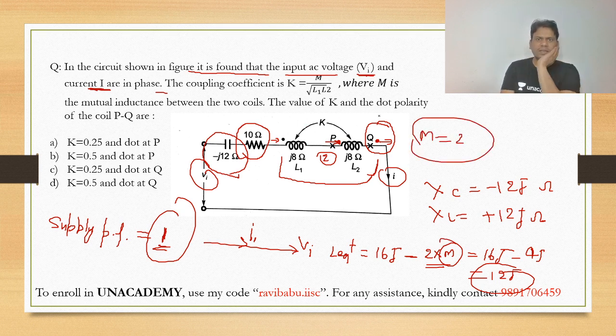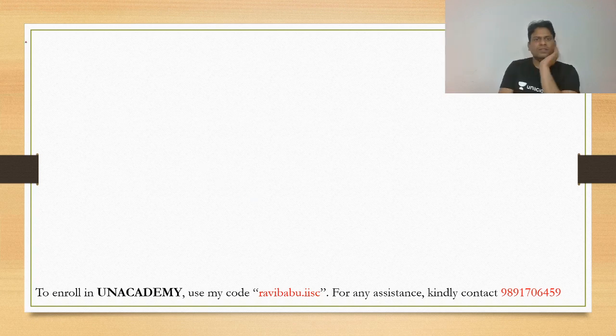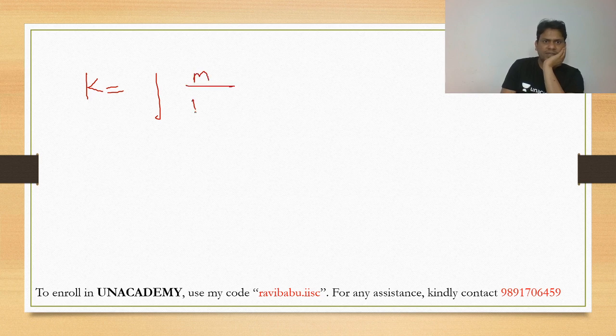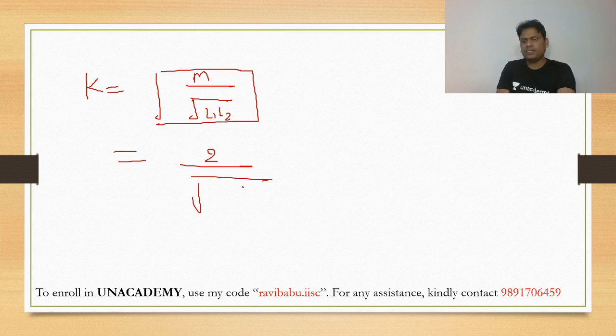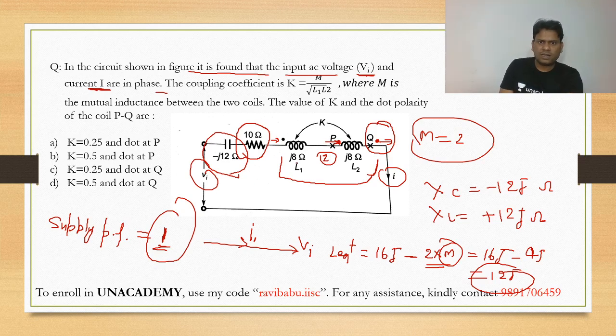What is asked? The value of K. So K is M by under root L1 L2. So K is equal to M by root L1 L2. M is 2, divided by root of L1, which is 8, and L2 is also 8.